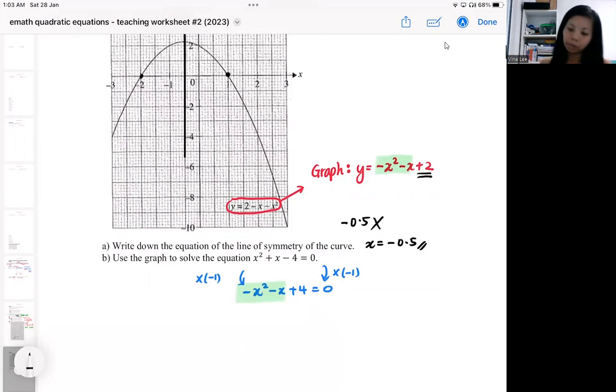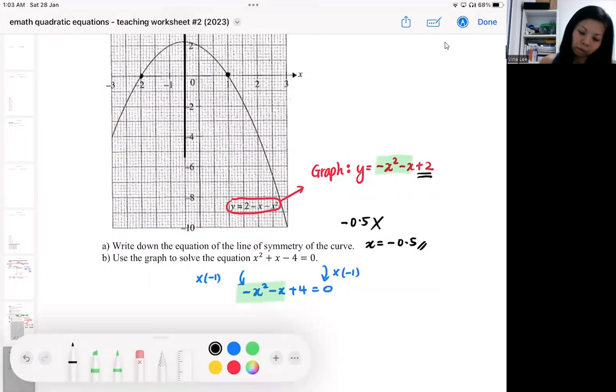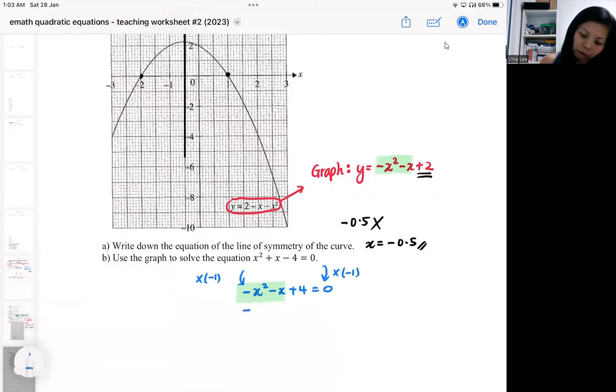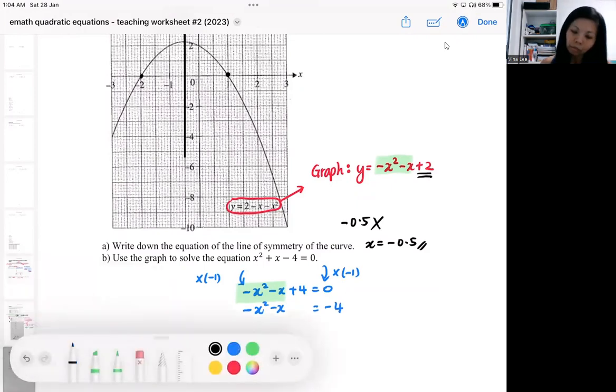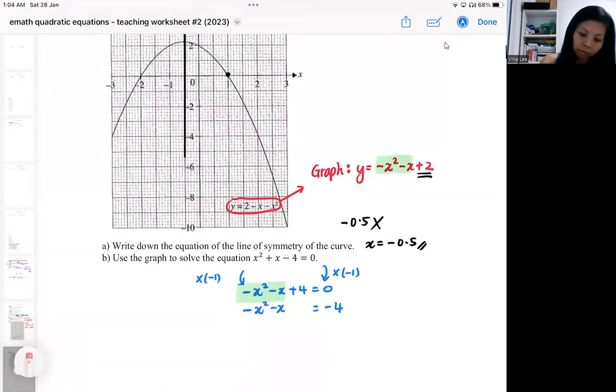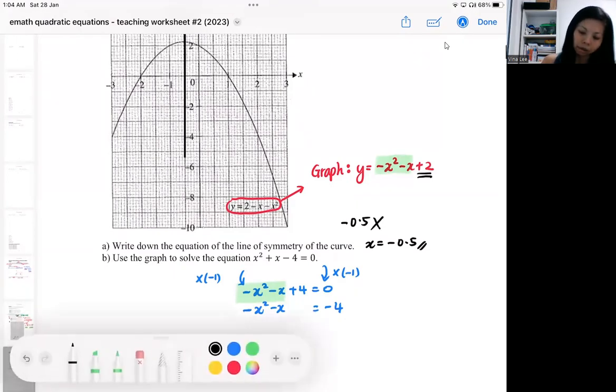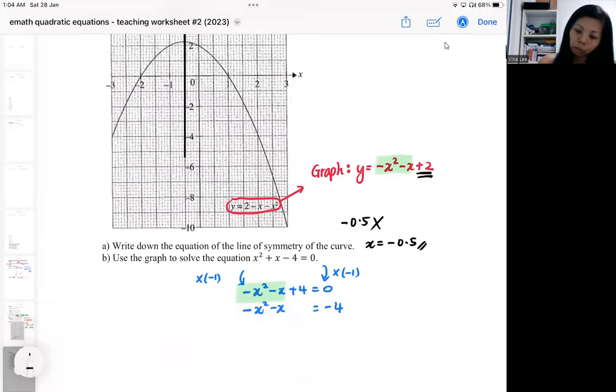So there is a trick that I will always do. This part is looking like the graph. I shift the number over. In order to achieve the graph, I need a +2.